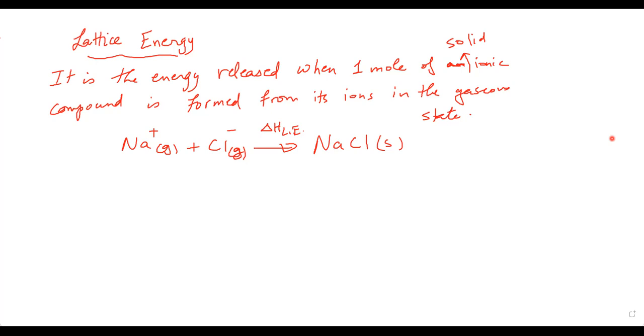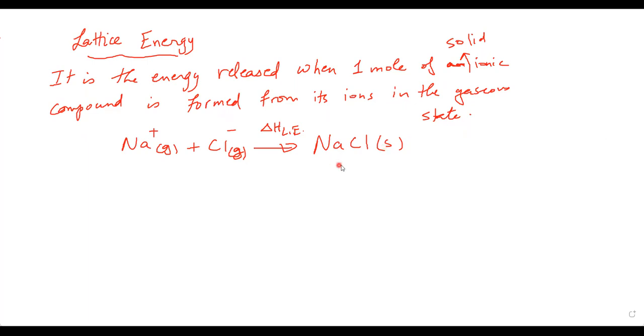We started our first chapter, the lattice energy and how to calculate this lattice energy. Now, what is meant by the lattice energy? We say that the lattice energy is the energy released when 1 mole of a solid ionic compound is formed from its ions in the gaseous state.